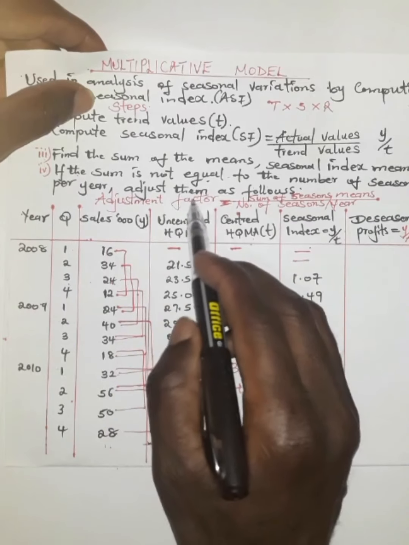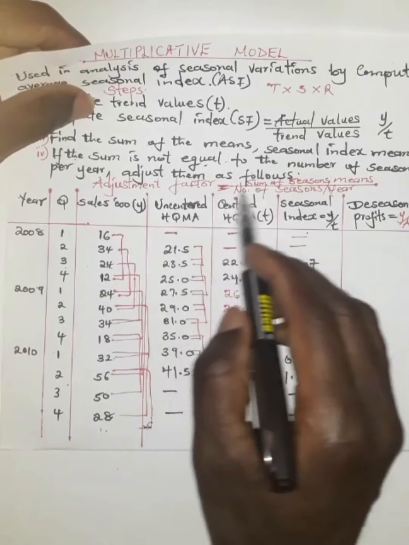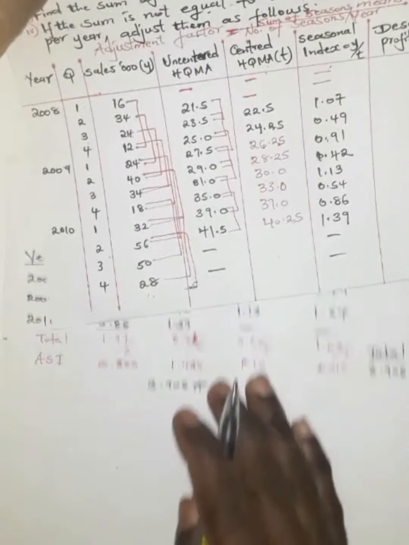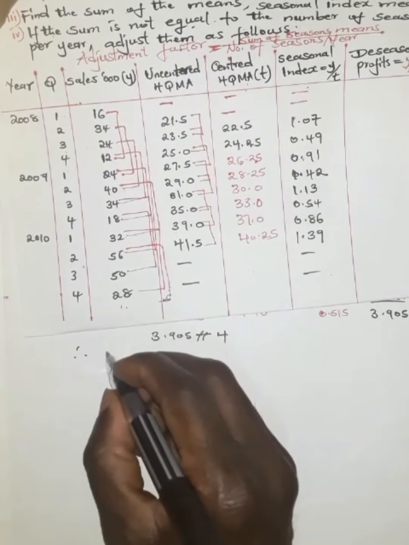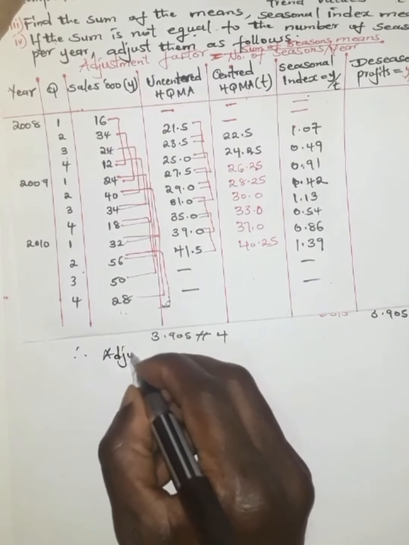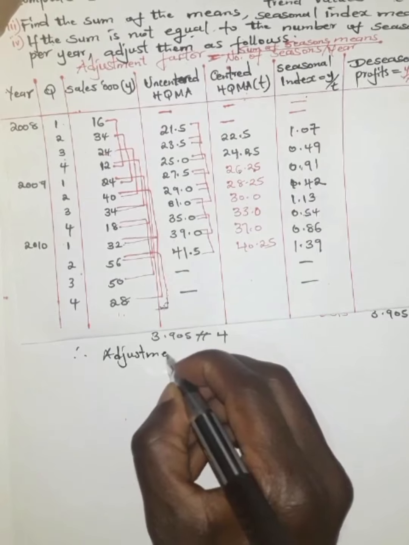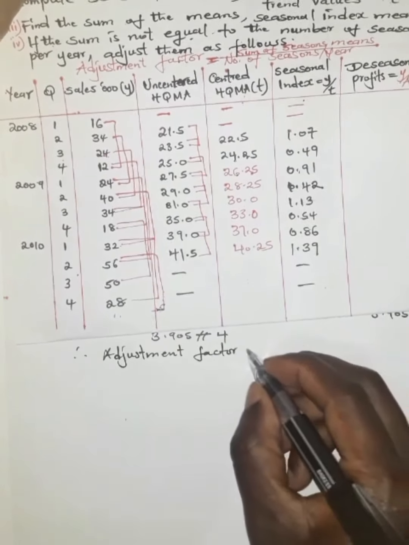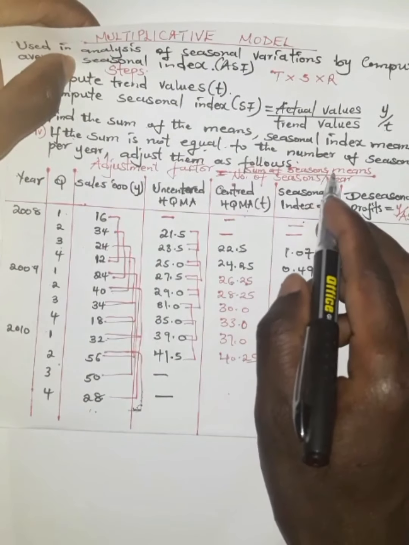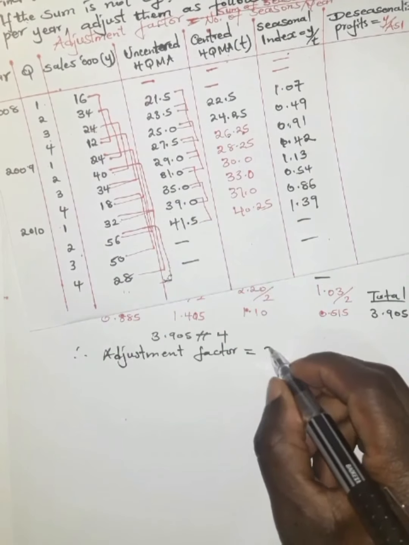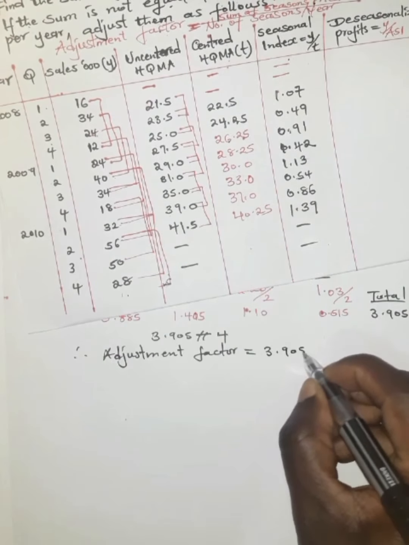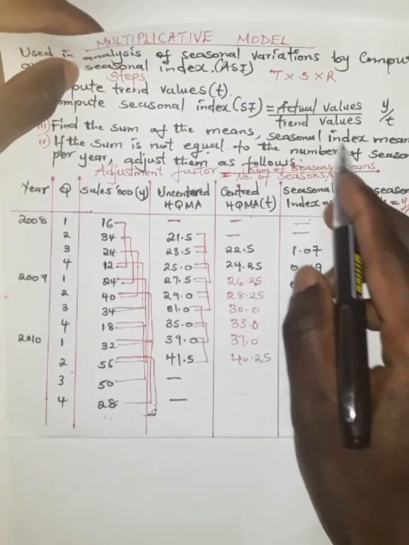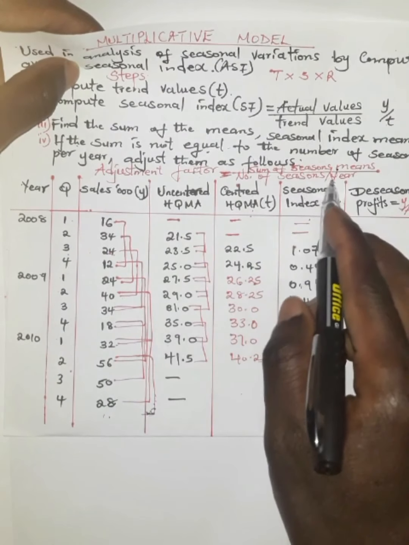So we have the adjustment factor. How do we get the adjustment factor? Therefore we talk about what is known as the adjustment factor, which should now be the sum of the seasons, in this case 3.905, divided by the number of seasons per year.